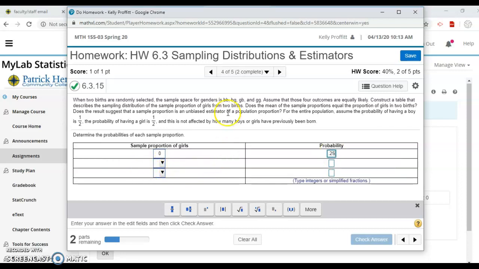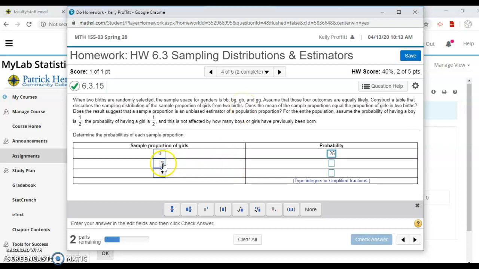Now, that's this first scenario. Now look at the next 2. If you have a boy and then a girl, what's the proportion or the percentage of girls that you have? 1 out of 2, which is 50%. Look at this third situation. You have a girl and a boy. Well, in this situation, what's the percentage of girls that you have? 1 out of 2, which is 50%.